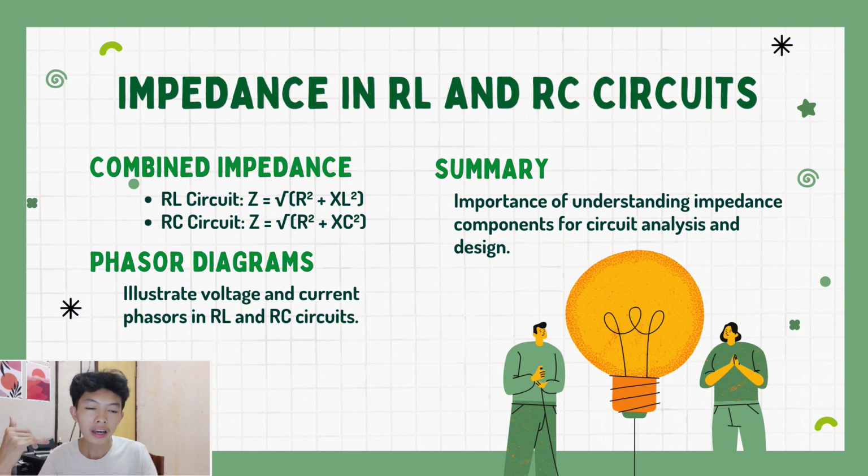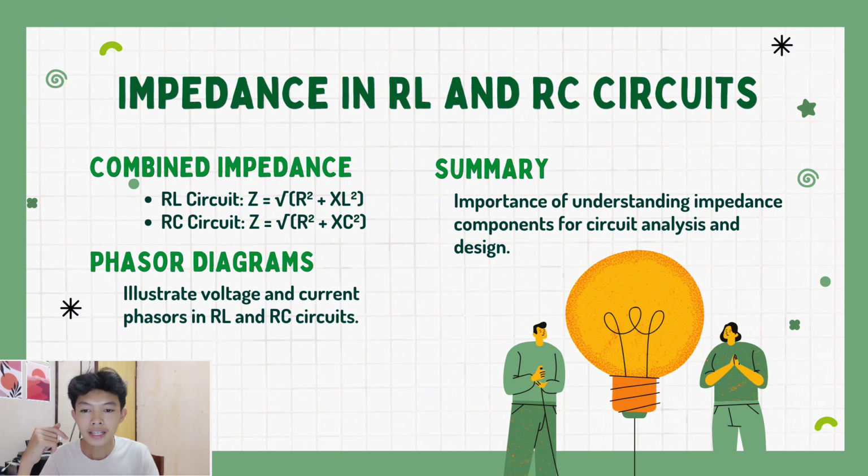So in summary, in lesson number 2, we have understood the impedance components that help us design and fix electrical circuits better and much safer, especially when you're going to create electrical circuits here in our house.